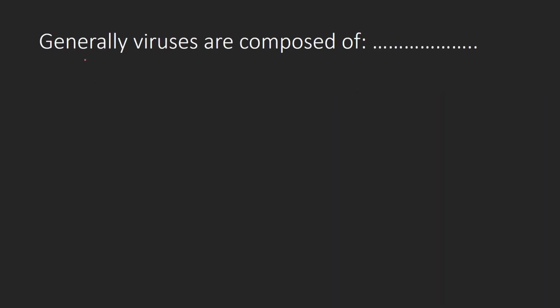The fourth fact is given here. Generally, viruses are composed of what? What are the components of the virus? If you see the virus, it has only genetic material, that is nucleic acid, and protein.